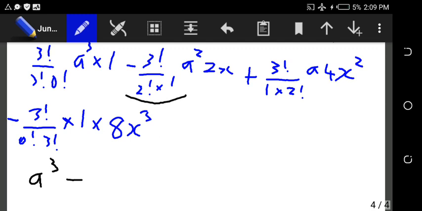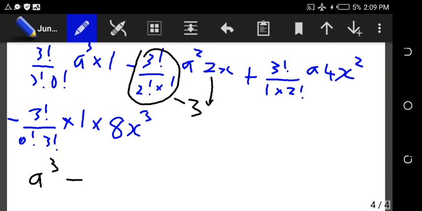Minus over to this side here. 3 factorial will give us 3 times 2 times 1, which is 6, all over 2. 6 over 2 will give us a 3. So we have a 3. Now look at what's going to happen. The whole of this will give us 3, and we have a 2 here.